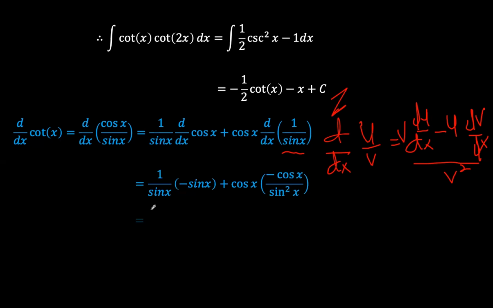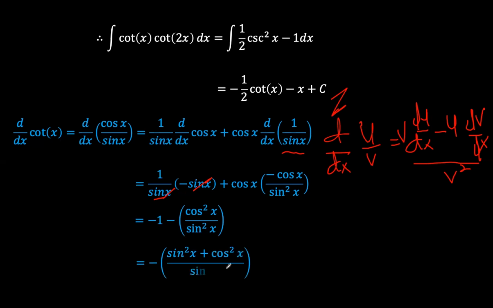And so this and this cancel, but we have negative 1 here, minus cosine times cosine, this cosine squared x, over sine squared x. So that is negative sine squared x plus cosine squared x over sine squared x. This identity is equal to 1.